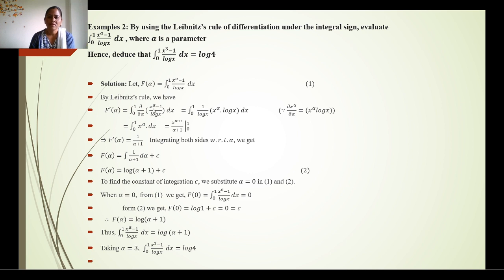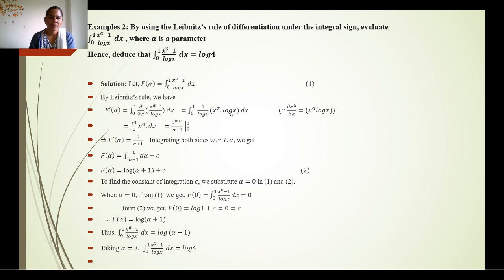Then the differentiation of x to the power of alpha is x to the power of alpha log x. We know the differentiation del by del alpha of x to the power of alpha is x to the power of alpha log x. So here we write it as x to the power of alpha log x.